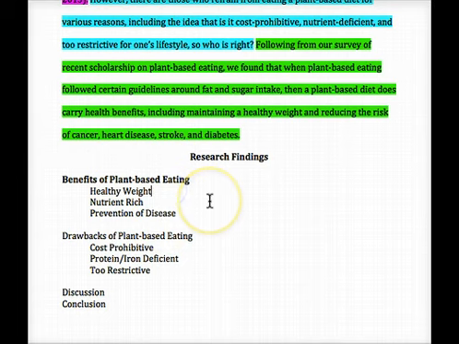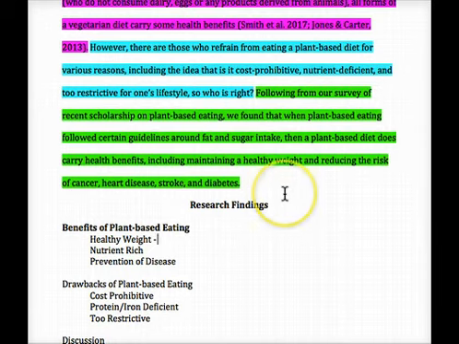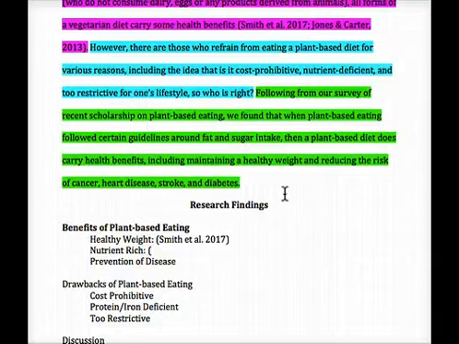If you were outlining further, you could note which authors you will cite for each of these. So in this one, I'm going to look at my research that I did from Smith et al. In this paragraph, when they talk about nutrition, I'm going to talk about Jones and Carter.